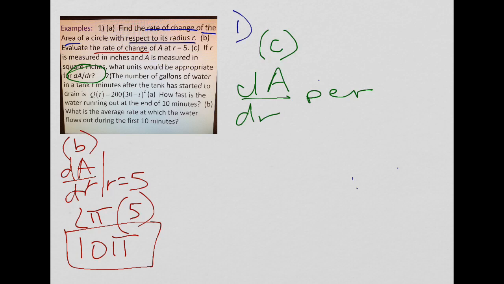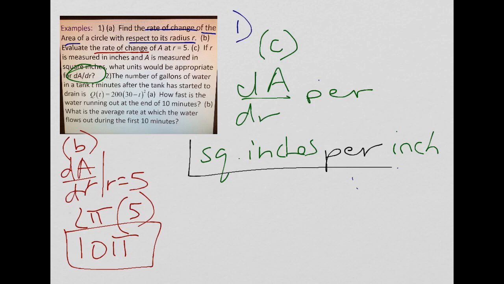So if they tell us that it's in square inches for the area and the radius is in inches, that means that your units would be in square inches per inch. Okay, that's how we would write out its units.